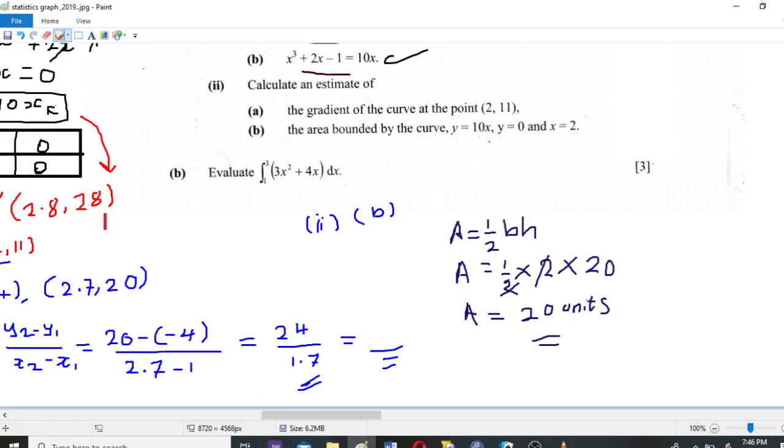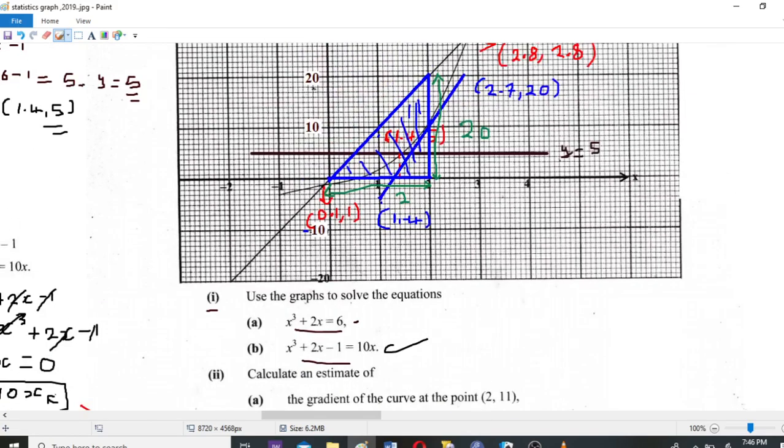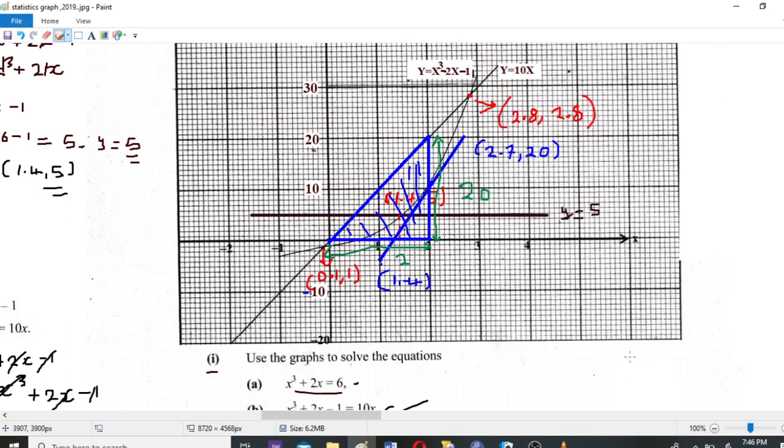Now if you apply the method of counting, you need to analyze this. Remember, one box on the x-axis is 1 unit per 2 centimeters, and on the y-axis, per 2 centimeters you have 10 units.